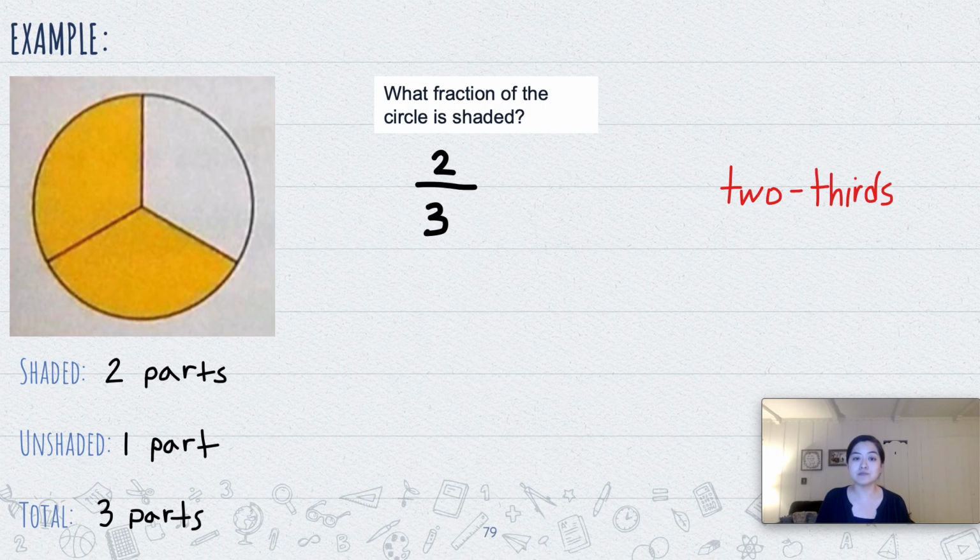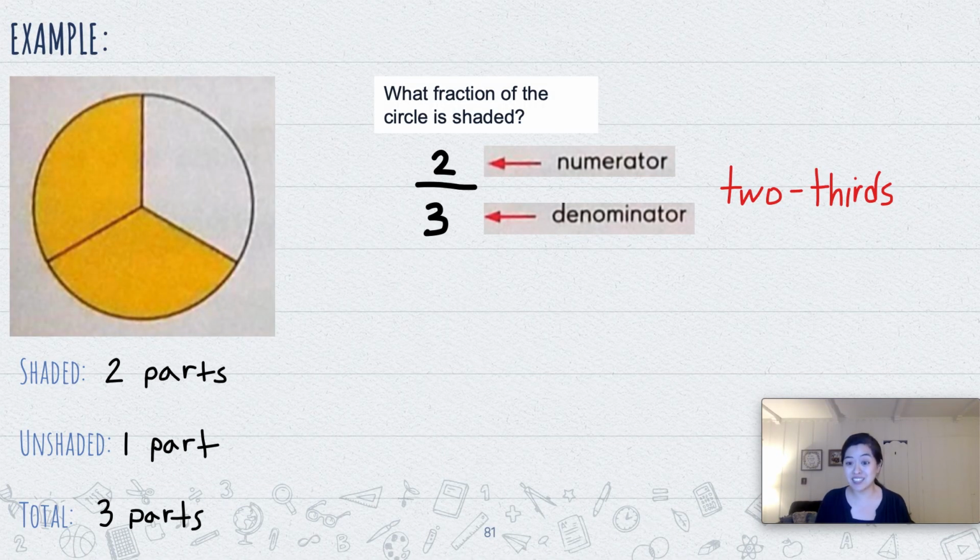Now, instead of saying the top number, we can use a math vocabulary word. We call the top number in a fraction a numerator, and we call the bottom number a denominator. Going forward, I'm going to try to utilize the words numerator and denominator when describing fractions.